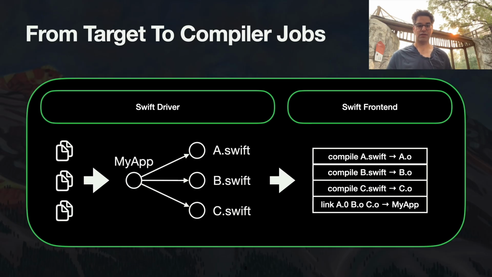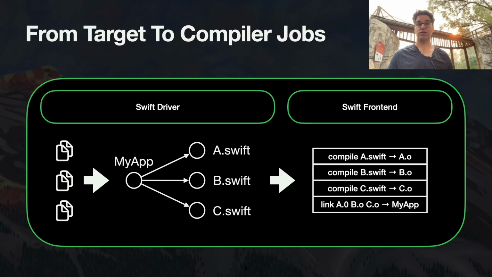And you can see in this small example here, I've got an app that is built with 3 Swift files, and these arrows represent dependency relationships. So the app cannot be built until all 3 Swift files have been compiled. The Swift driver knows this. It goes through the file system and it figures out that there is an app that is dependent on these files. So it creates this graph internally of actions that it must take in order to get the app built.